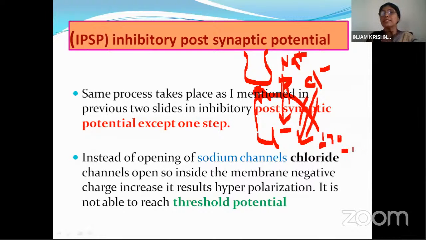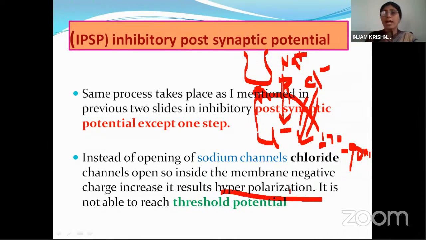it reaches -90 millivolts due to the opening of the chloride ion channels and the influx of chloride ions. Inside the membrane, it reaches a potential of -90 millivolts. It is called hyperpolarization.